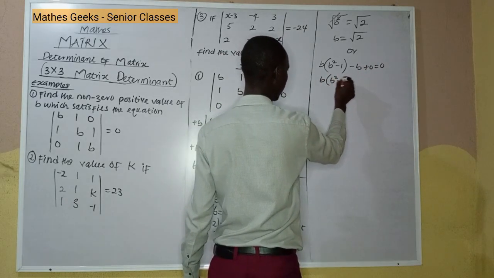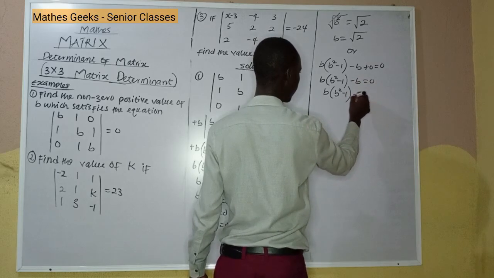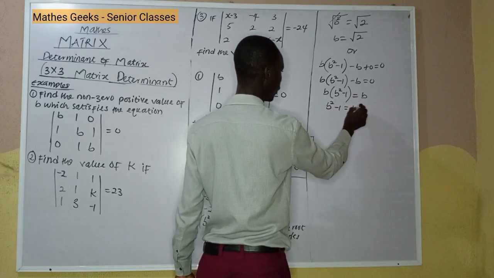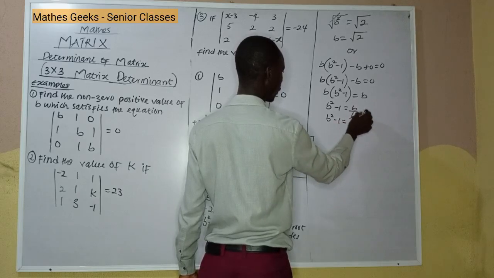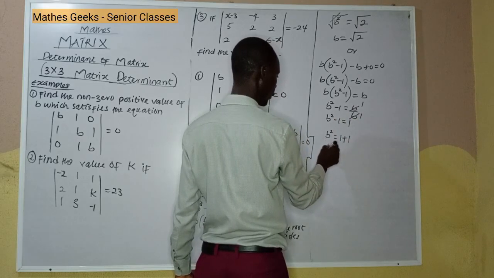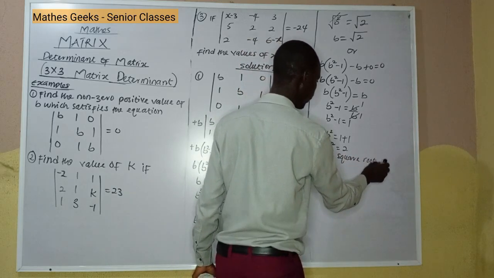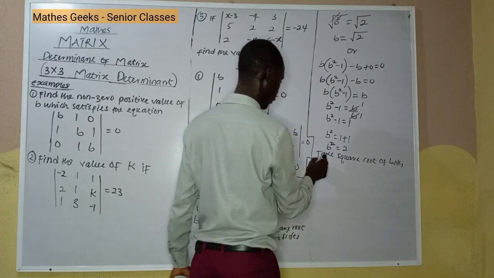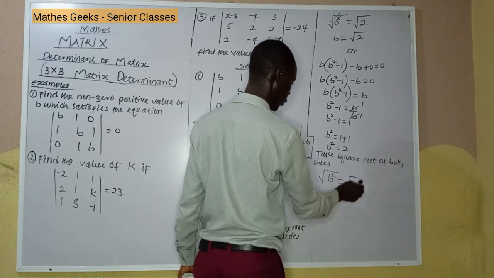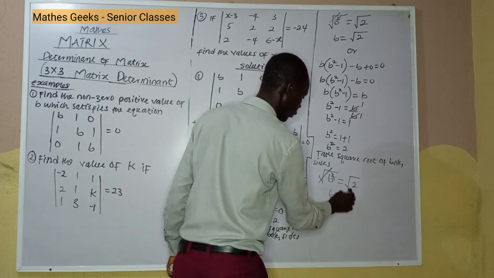Taking b out, b squared minus 1 is equal to b over b, which is 1, so b squared minus 1 equals 1. Moving 1 to the other side, b squared equals 2. Take the square root of both sides. So b is equal to root 2.